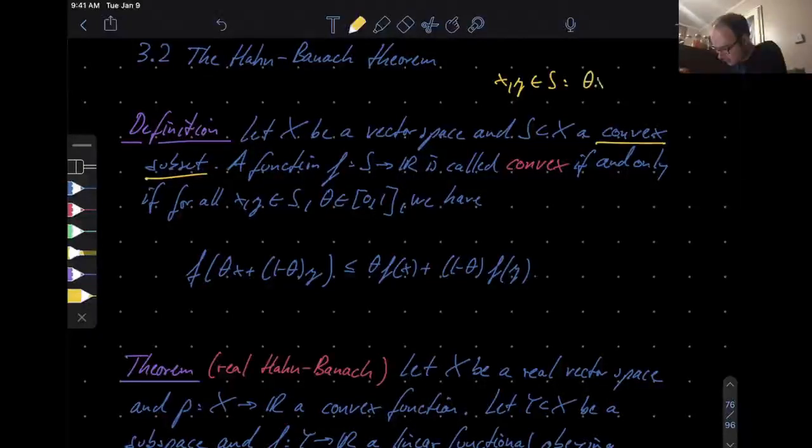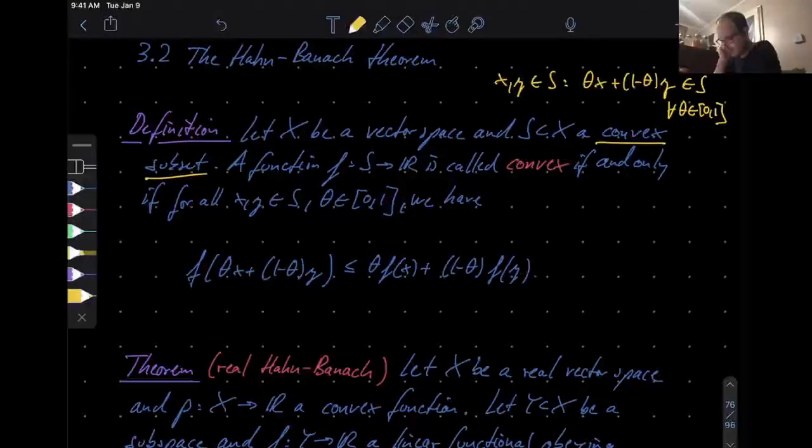So this convex combination, theta x plus (1 minus theta) y, is in S for any theta ranging from 0 to 1. That's what it means for a set to be convex. Intervals on the real line are typical examples of convex subsets. And I think I also drew some in two dimensions, circles versus stars, right?